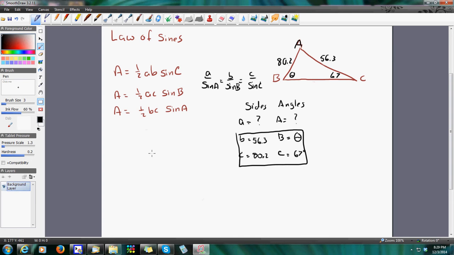So I'm going to say b over sine B equals c over sine C. And it ends up being 56.3 over the sine of theta equals 80.2 over the sine of 67.